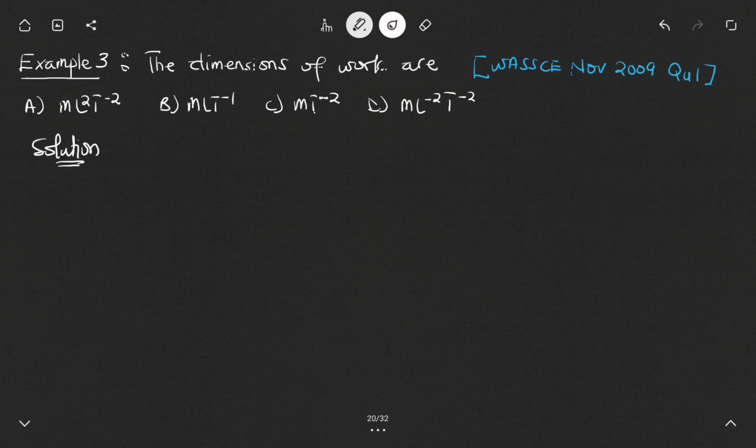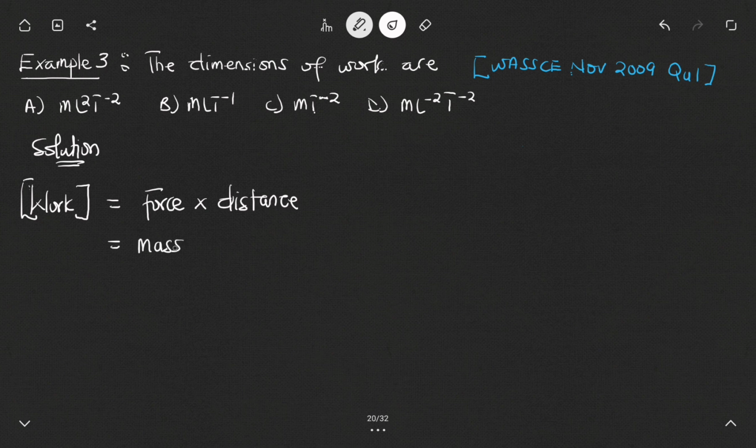The dimensions for work. We already saw this, but let me do this again. For work, or work done, we know work is equal to force multiplied by distance. And again, I know that force is mass times acceleration, multiplied by distance.